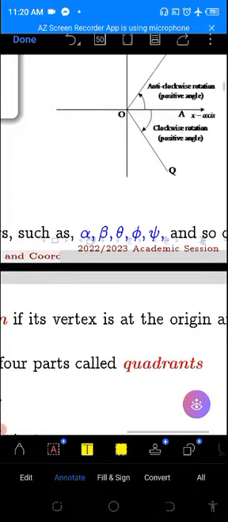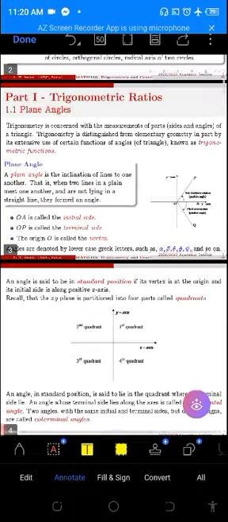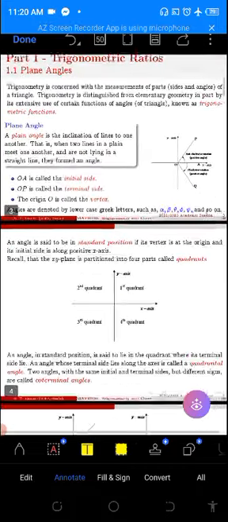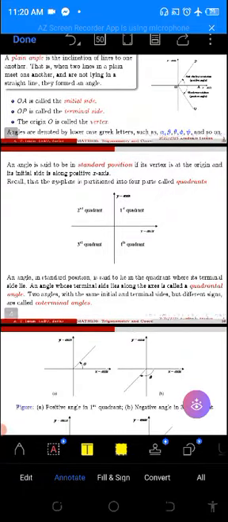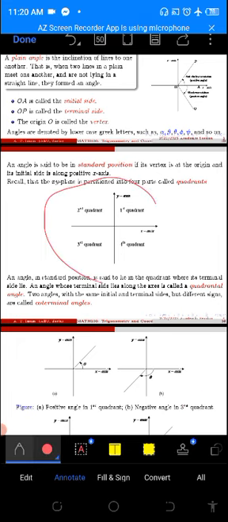So going by that, recall, if you can remember, that the xy plane is partitioned into four parts, and the four parts are equal. And each part is called a quadrant. For example, look at the diagram here. So we divided the xy plane exactly into four parts.